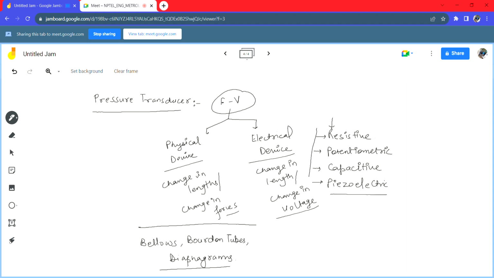Based on these criteria, whether a resistive method is used or a potentiometric method is used, the class of the transducer is defined. So say we are using a resistive method that we will deal with here, we will call this type of transducer the resistive transducer, and if we are using a capacitive method, we will call our transducer a capacitive transducer.